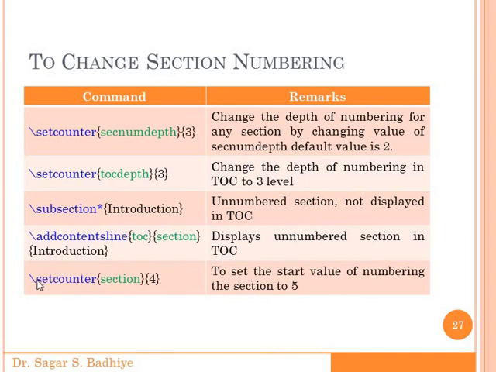There is another command, \setcounter, where the numbering of section can be set. Suppose here I have set it to 4, then the next counter will start from 5. Whenever you use the next section, it will number it as 1.5 or 1.6.